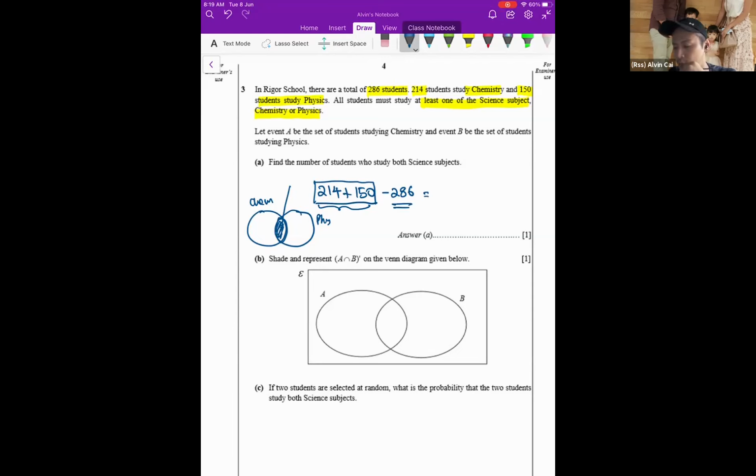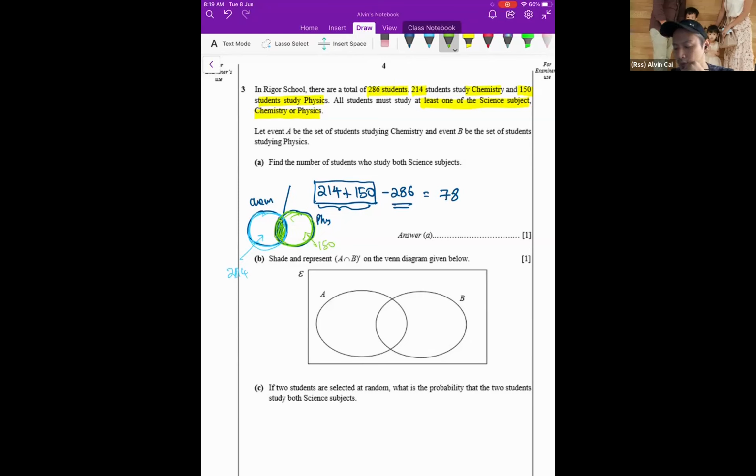That will give us the people who overlap, those who study both subjects. So I'll repeat again. This portion is 214, and this portion over here in green, the whole thing, is 150. Both include this overlap portion.